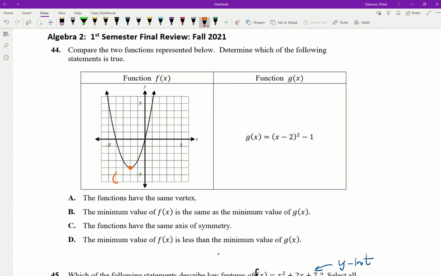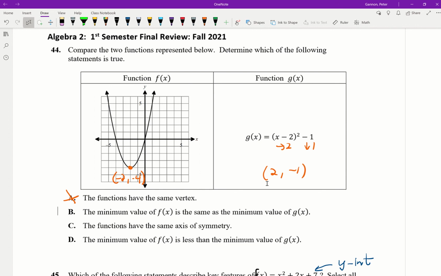So this has the vertex -2, and then we're down 1, 2, 3, 4. So -2, -4. Whereas for this one, we're right 2, down 1. So the vertex would be 2, -1. Well, do they have the same vertex? No. Is the minimum value of f the same as the minimum value of g?